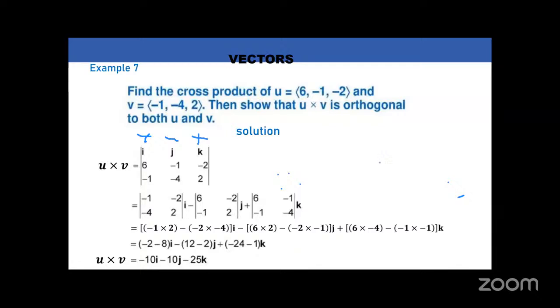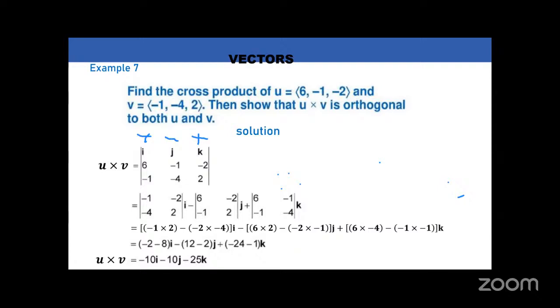Remember that this is a cross product, which means that you are not going to multiply by components like we did for dot product. For a cross product, when you multiply i cross i, it gives you a zero. I've explained why: i and i are similar components, which implies that the angle between them is zero.